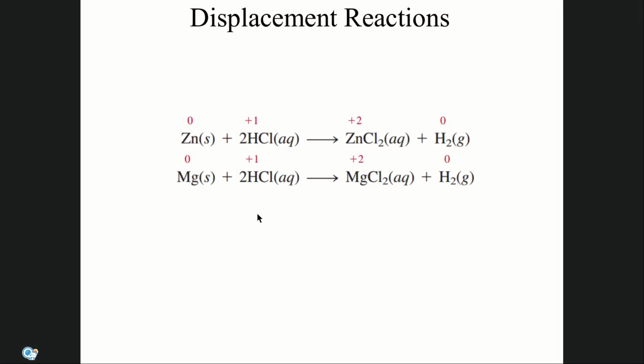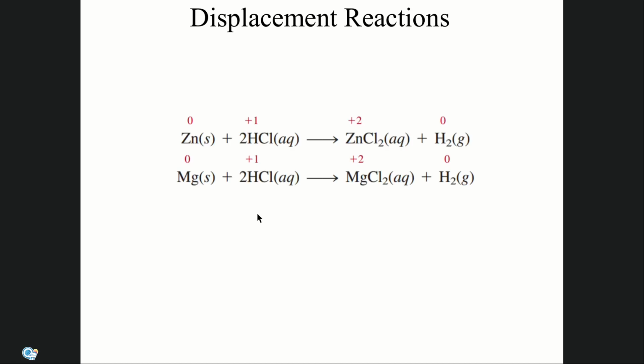An easy way to predict whether a metal or hydrogen displacement reaction will actually occur is to refer to an activity series. Sometimes it's called the electrochemical series. Basically, an activity series is a convenient summary of the results of many possible displacement reactions, similar to the ones already discussed.